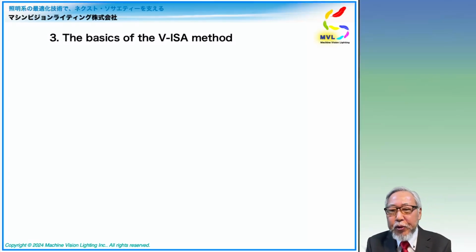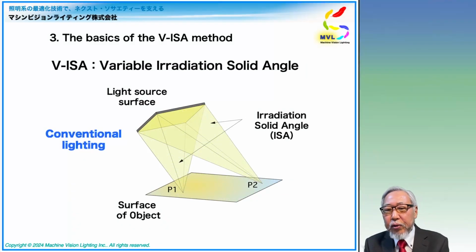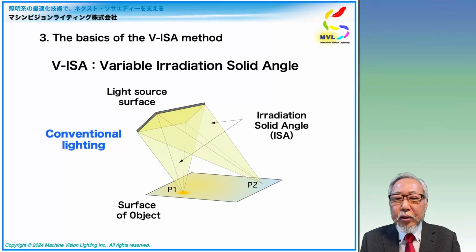The third episode is about the basics of the Visa method. With conventional lighting, if P1 and P2 on the surface of the object are at different locations, the irradiation solid angle, that is, the irradiation condition, will change. Scattered light from an object is proportional to illuminance.